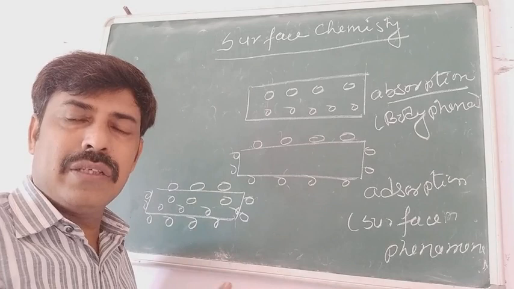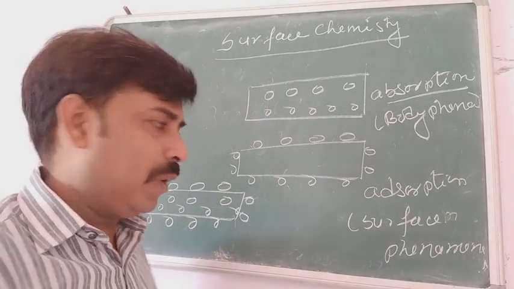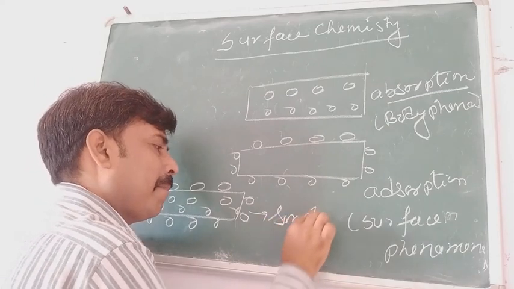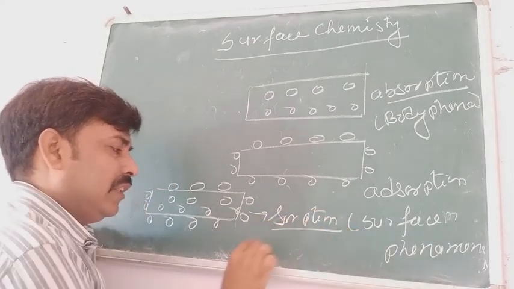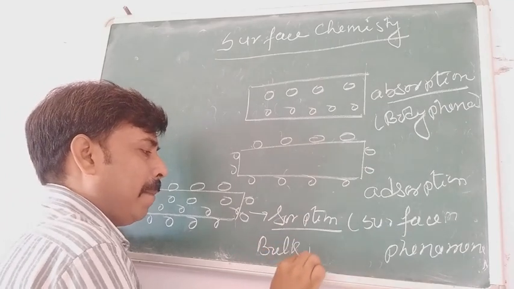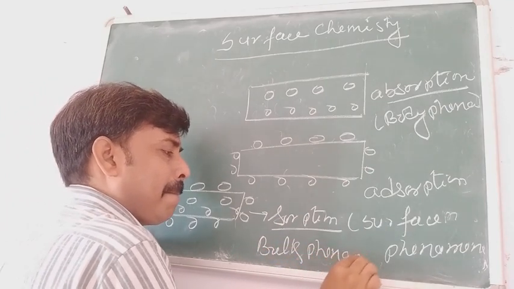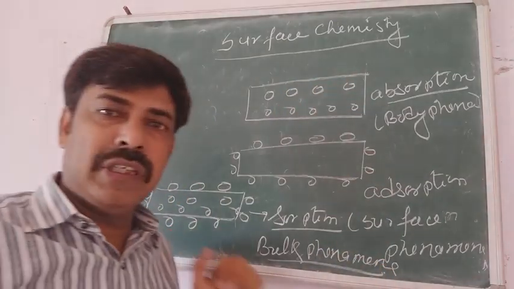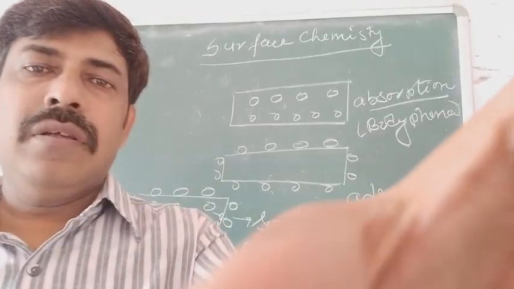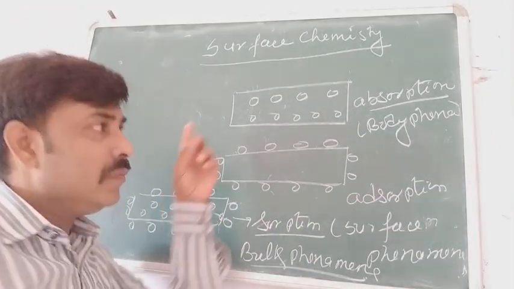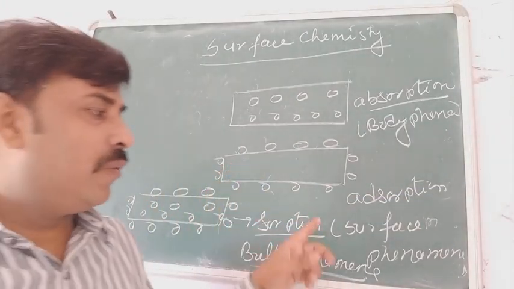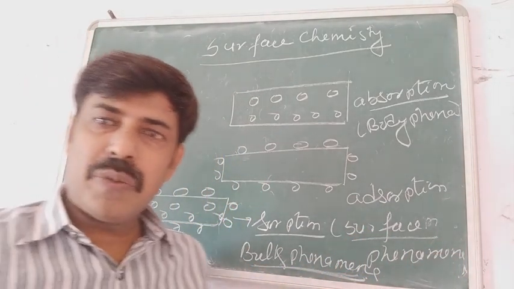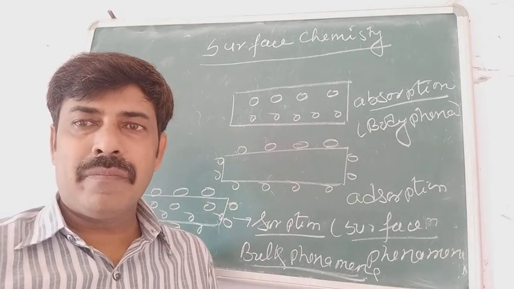This phenomenon, the combination of adsorption and absorption, is called sorption, and this is a bulk phenomenon. So there are three different types of phenomena you are seeing. The first is the body phenomenon, the second is the surface phenomenon, and the third is the bulk phenomenon, that is, surface as well as body phenomenon.